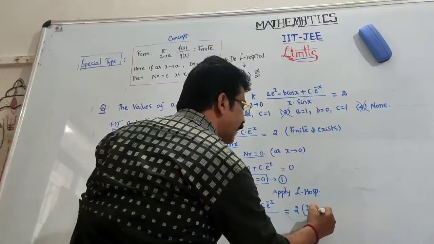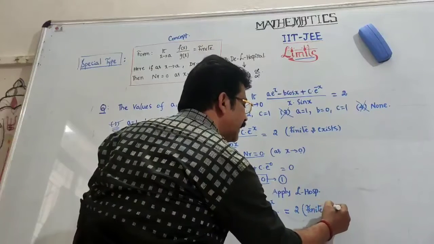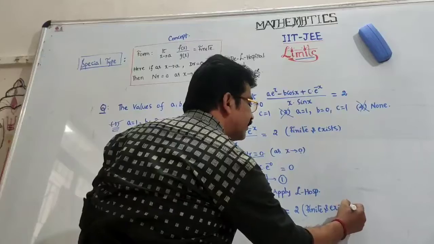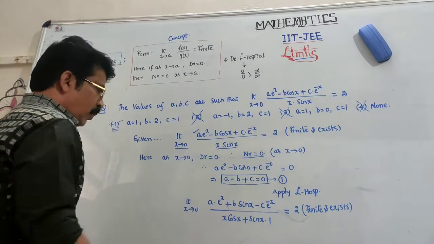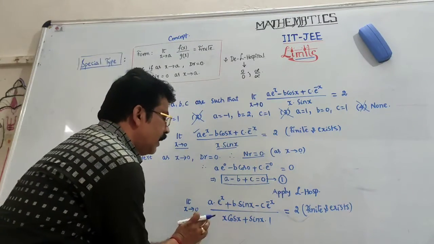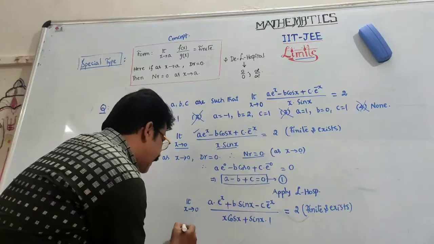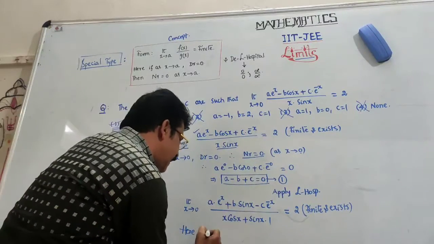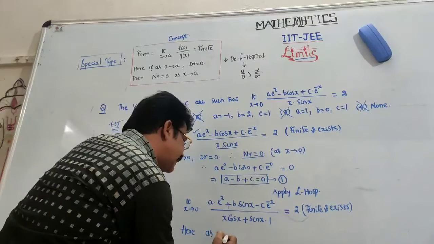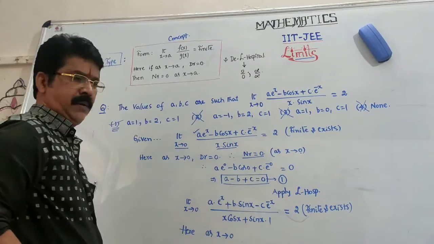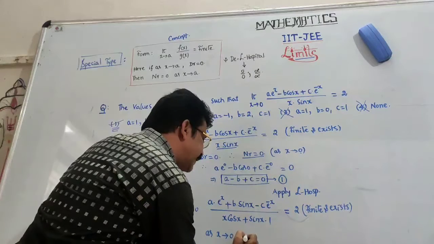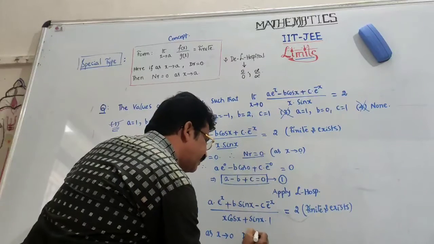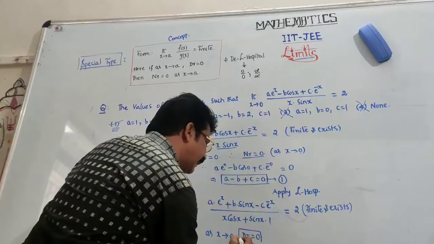Write it as finite and exists like that. Okay, next step. Similarly, here, as x tends to 0, the denominator becomes 0, right?